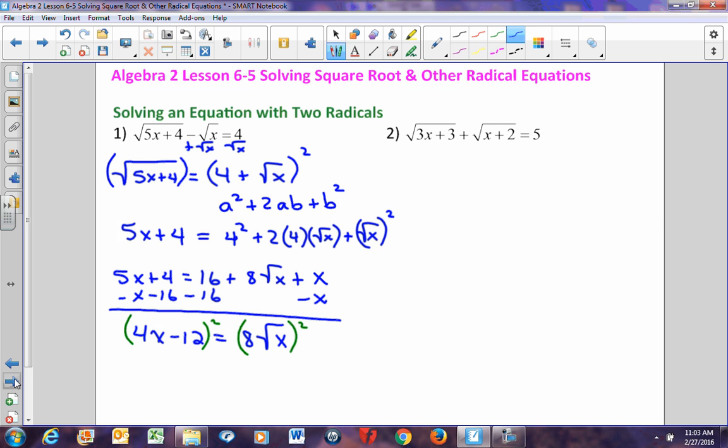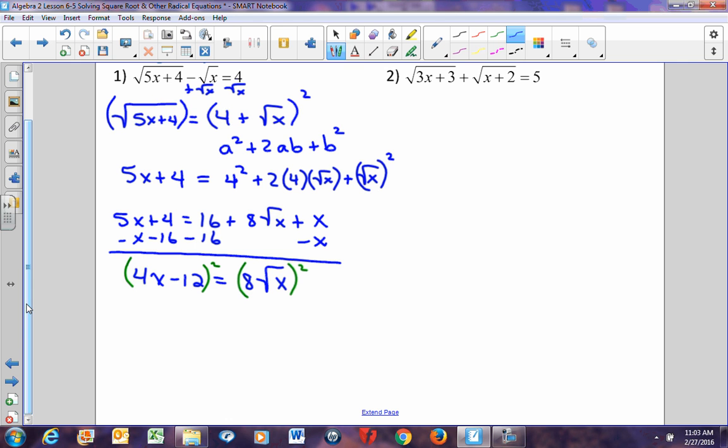And remember, when you square both sides, we're going to square an a minus b quantity. So that's going to be a squared minus 2 times a times b, plus b squared. And when we square 8 square roots of x quantity squared, it becomes 8 squared times the square root of x squared.